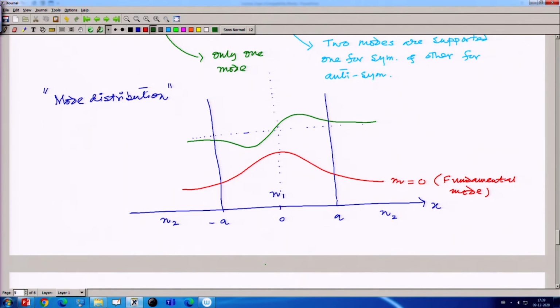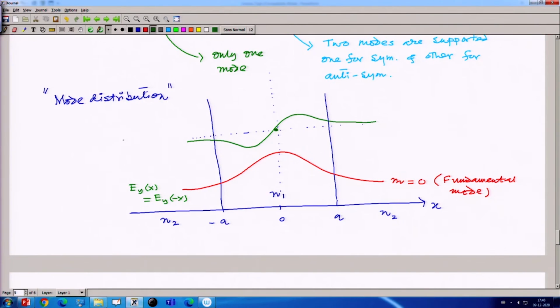If you look carefully, you will find that this should pass exactly through the 0 point. So, this is the 0 point, and it should pass exactly through it. If you look carefully, you will find that here the condition E y of x equals E y of minus x is valid.